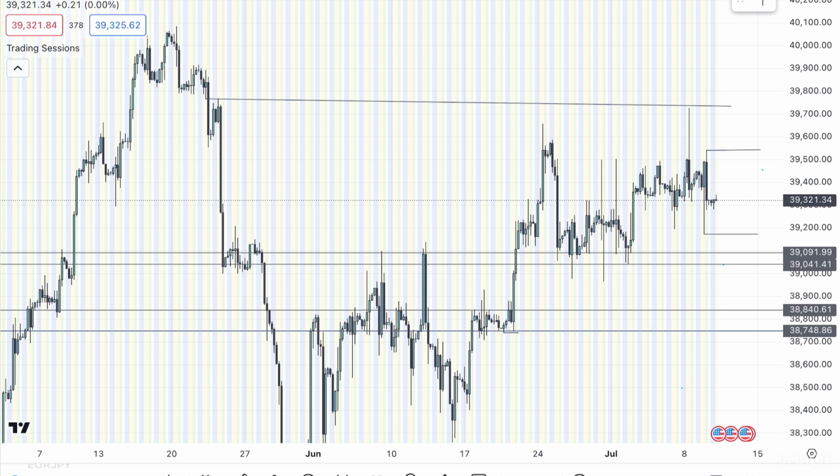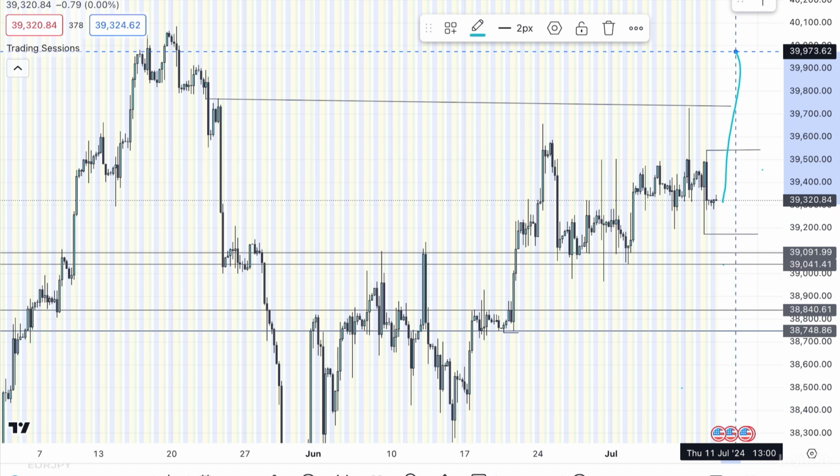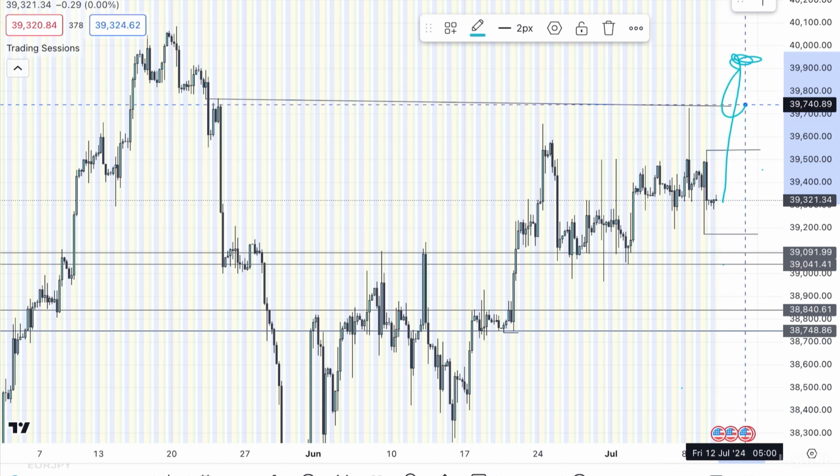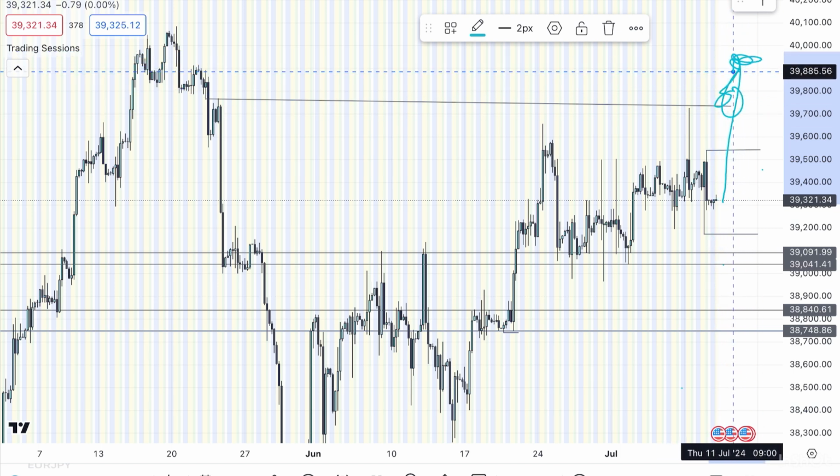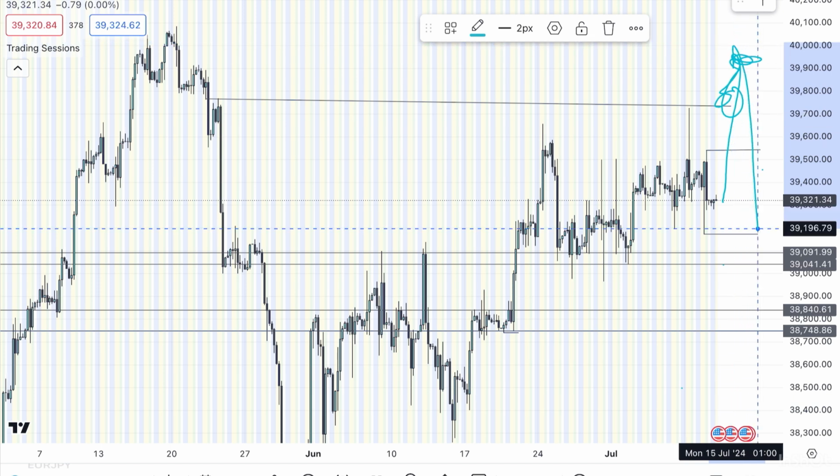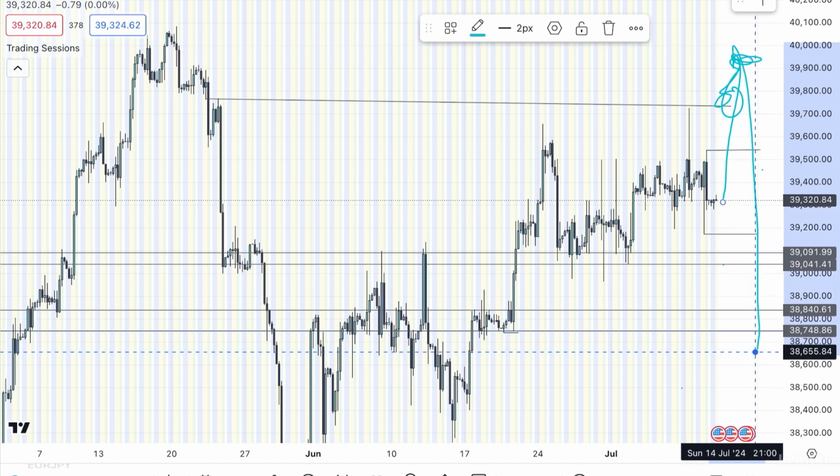So this double top is our area of interest again. We would want to see the market go up, take out this liquidity here, maybe until this level or maybe this level, then drop down like that. This is also a possible scenario that might happen. It might not happen today, but it's something to look out for.